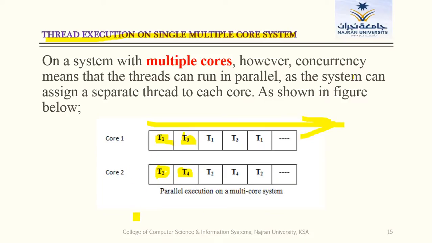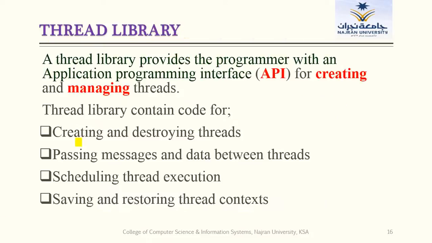Maybe we have 3 processors, 4 processors, or maybe more than this. In the same fashion we will execute the threads. So whenever we have a multi-core system, multi-threaded programming is better than single-threaded programming.